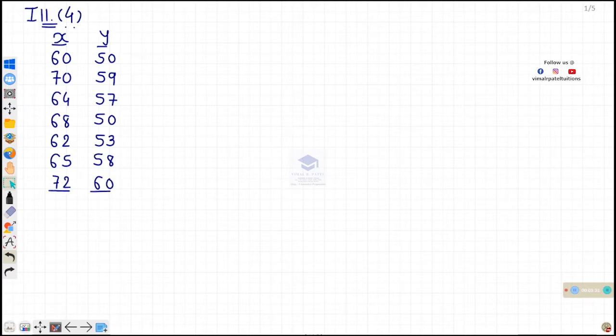Now, first of all, we will find out value of x bar and y bar. Sigma x upon n.